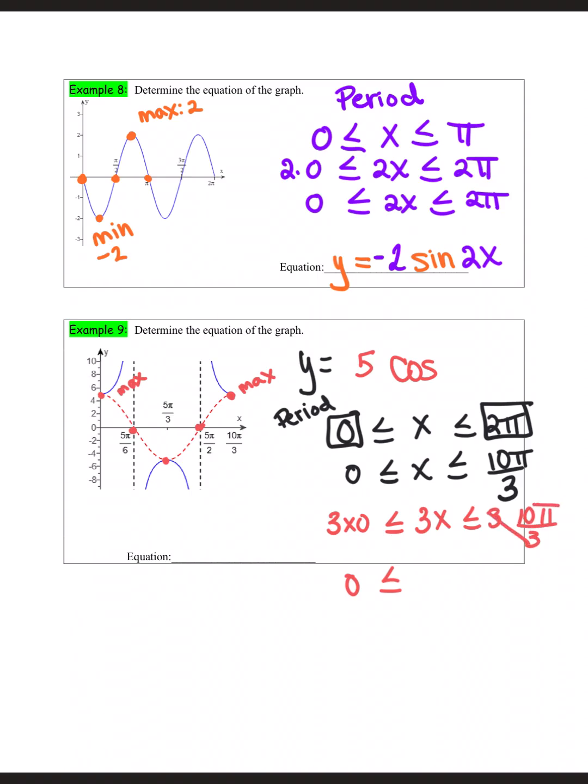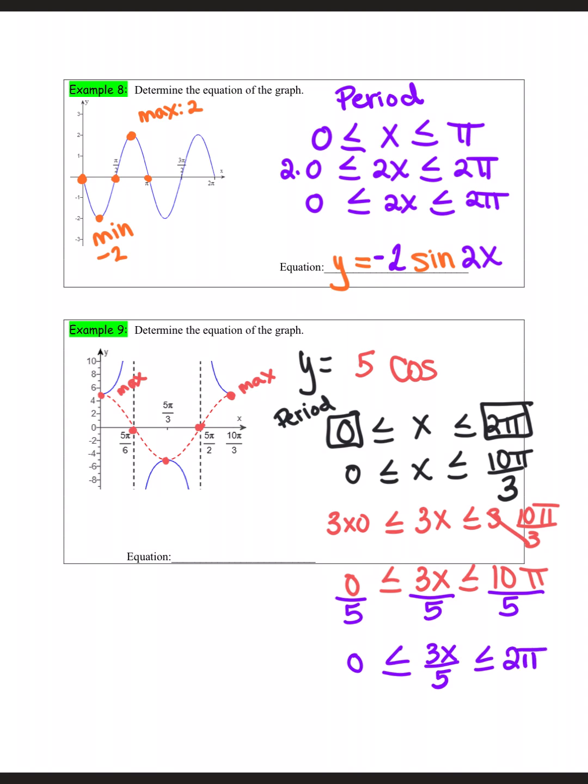So the 3's will cancel. Now we have that 3x is between 0 and 10 pi. And notice we want 2 pi, so in order to get 2 pi, I need to divide through by 5. So now we have that 3x over 5 is between 0 and 2 pi.